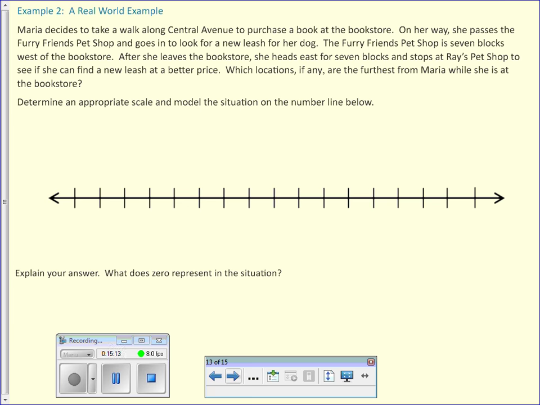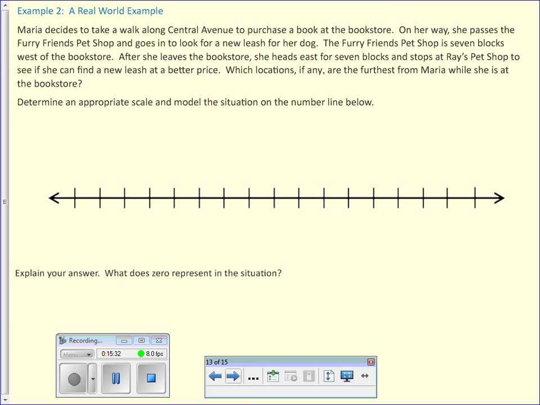So, Maria decides to take a walk along Central Avenue to purchase books at the bookstore. So, picture Maria walking down the road to find herself a nice book. On her way, she passes the Furry Friends pet shop and goes in to look for a new leash, right?